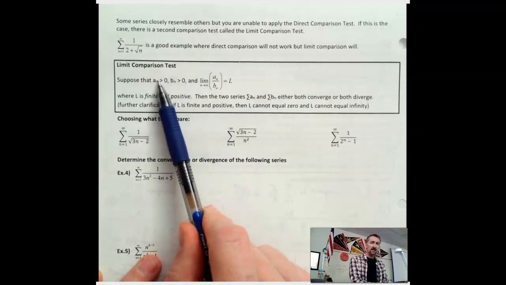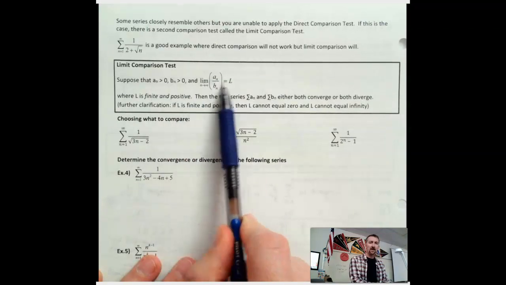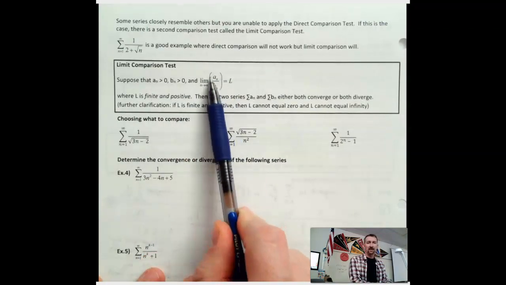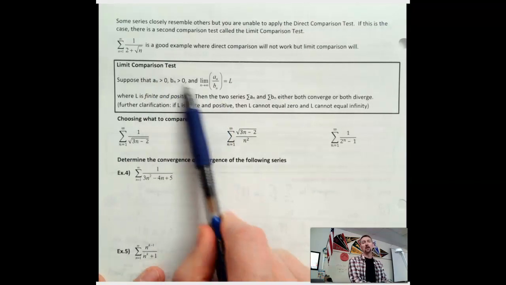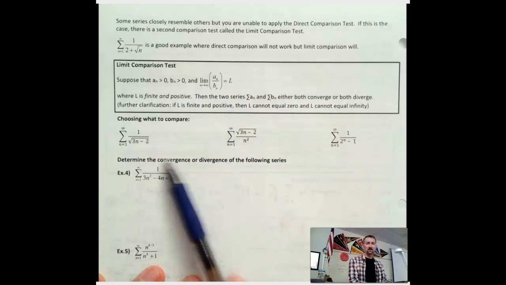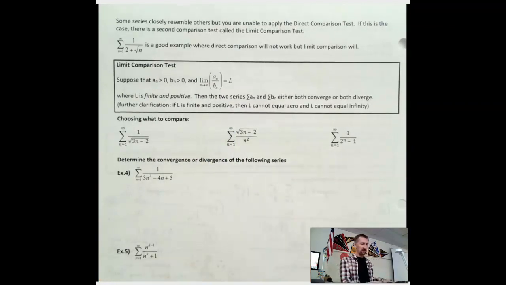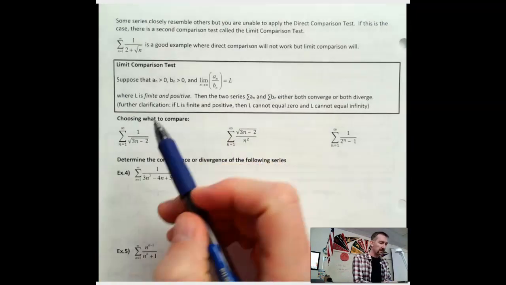So if you can set it up and find a limit here, and then you can test one of those, then you know that they both are going to do the same thing. So we're going to test the one that we're comparing to, and that'll tell us what the original does. That might be a little tricky. It might be easier just to watch one of those.